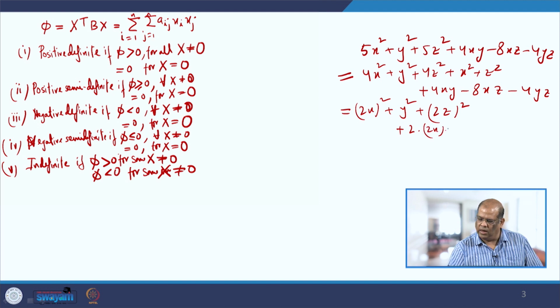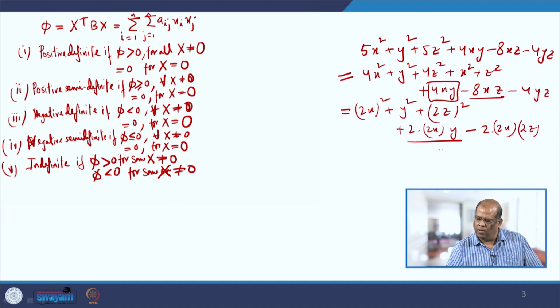So, 2x into y, which is 4xy, matches with this, minus 2 into x, which is 2x into 2z, again matches with this, minus 2 into y into 2z, matches with this, plus 2 extra terms, which is x square plus z square.